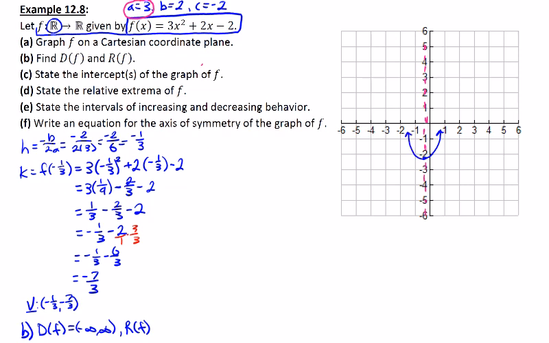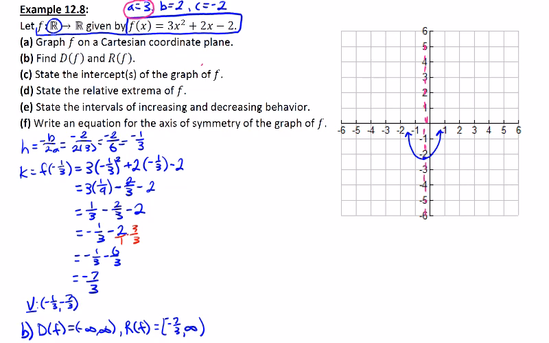So even though I don't have an accurate picture, I have enough information to know the range. The range is going to have a lower boundary of negative 7/3, and it is unbounded in the positive infinity direction. So negative 7/3 to infinity for the range.